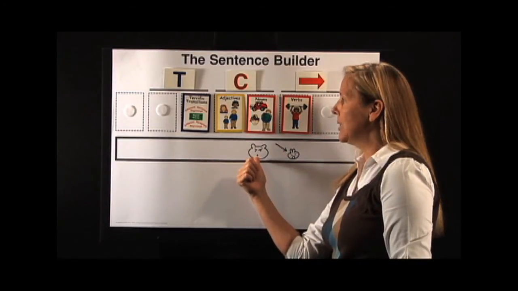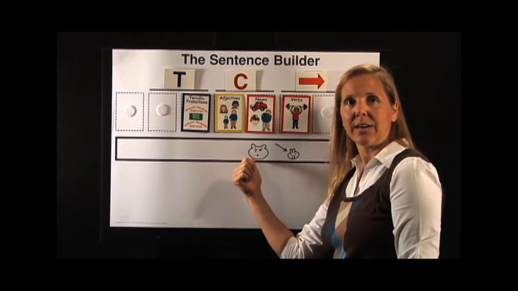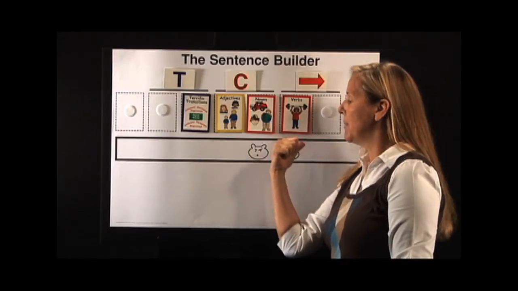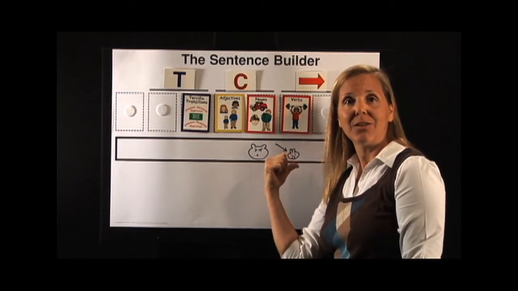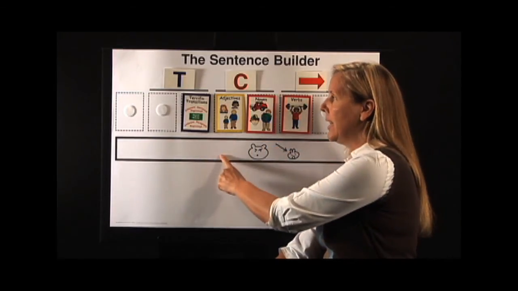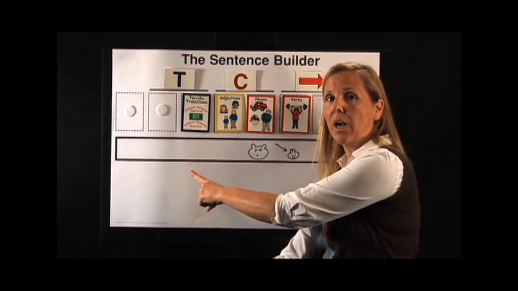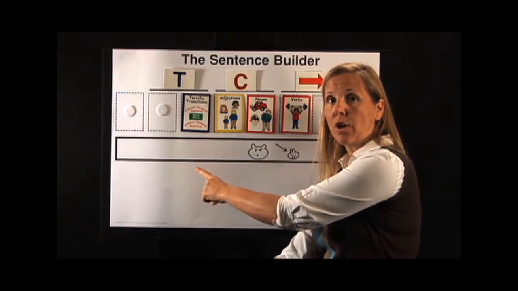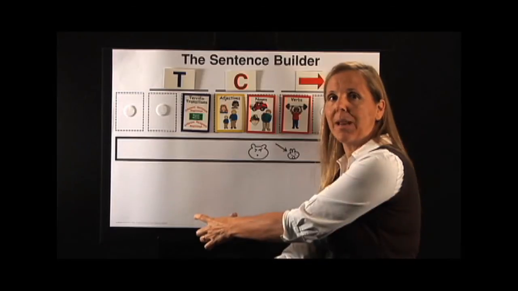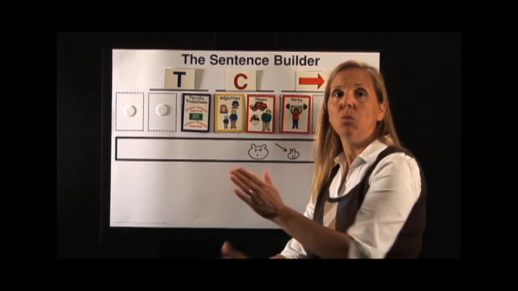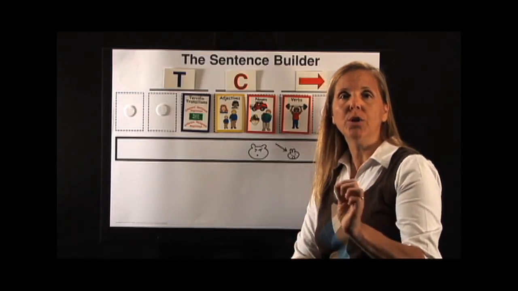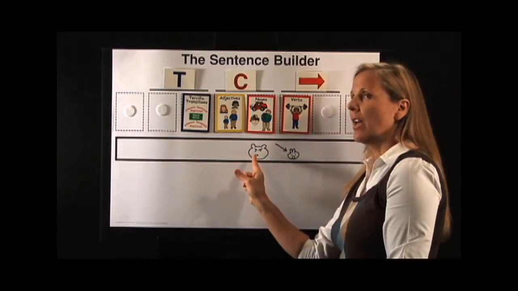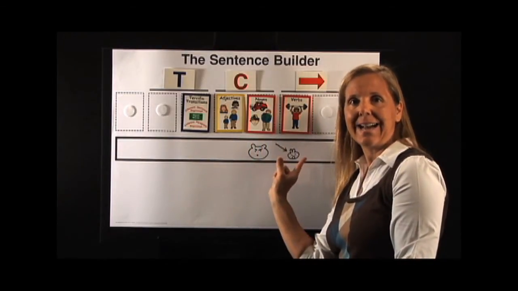What we have is we planned who or what our character is, a bear. And what did the bear do? The bear attacked the bunny. Notice I didn't put anything in with the adjectives or underneath the transition cards because we'll add that information in step 4 when we add the sticky notes. All you're doing here is putting the character and the action.